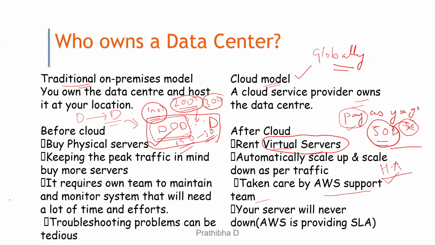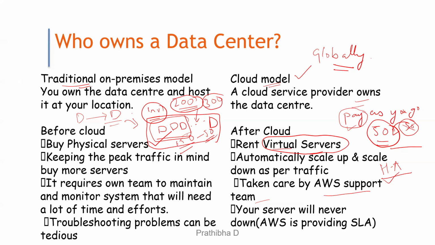Clear? Yes. Okay. So we saw what is a computer, what are the different components. Then we saw what is a server. Then what is a data center and who owns a data center? What are the different types of model?